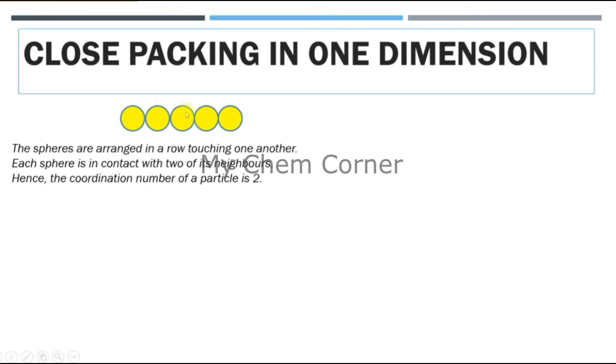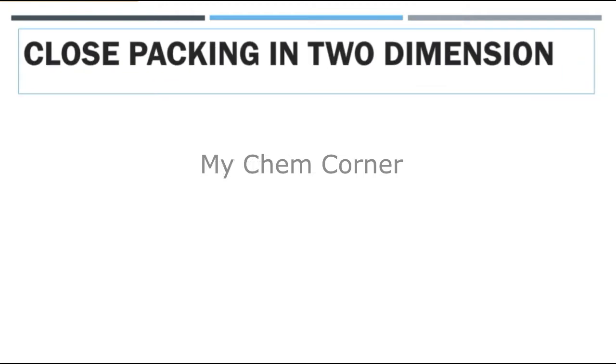The coordination number of this particular atom is also 2 because it is touching 2 atoms. So in a 1 dimension close packing, the coordination number of any particle is going to be 2. So here 1 dimension is easier because you just need to learn how these atoms are closely packed only in a single axis. Now let's move into the next one, which is close packing in 2 dimension.